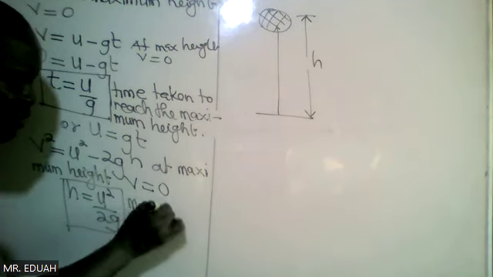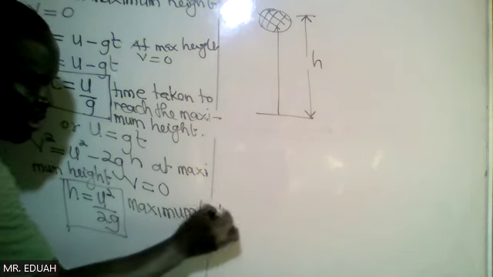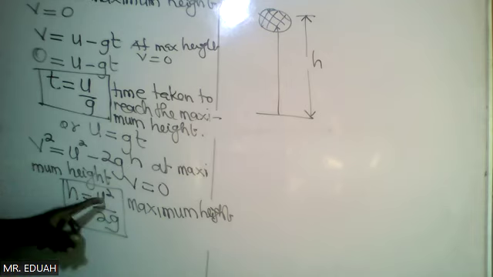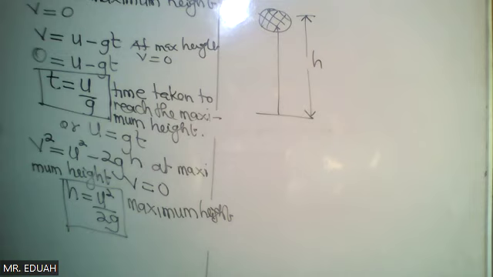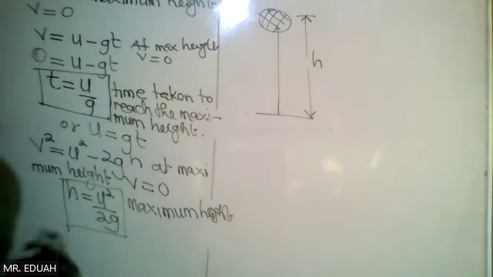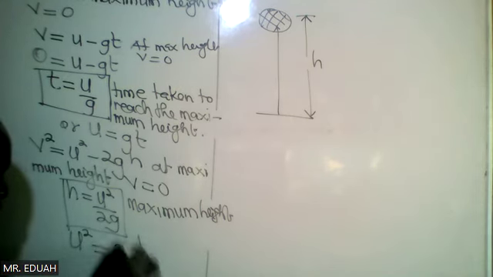So if a body is thrown to go up and you are looking for its maximum height, all the relation is saying is that you square the initial velocity given to the body and divide by 2 times the gravity, and that will be the maximum height. The other equation we can derive is u squared equals 2gh.